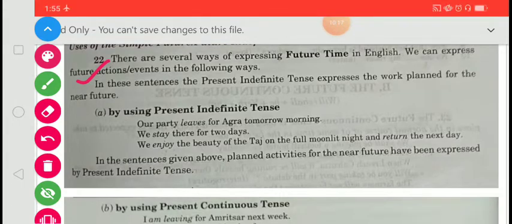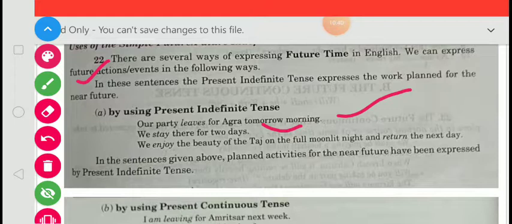So here, our party leaves for Agra tomorrow morning. The action which is decided, which is fixed for the future, we express using the structure of simple present tense. We stay there for 2 days.